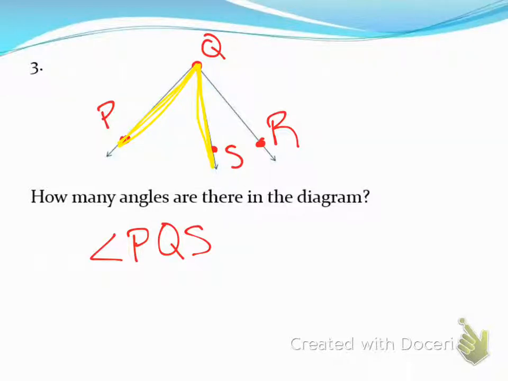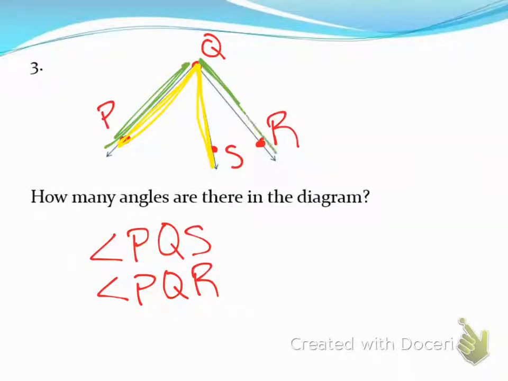Somebody else give me another one. Brandon. PQR is also an angle. We'll do a different color. So PQR is that one out there. Do we have any other angles? John?